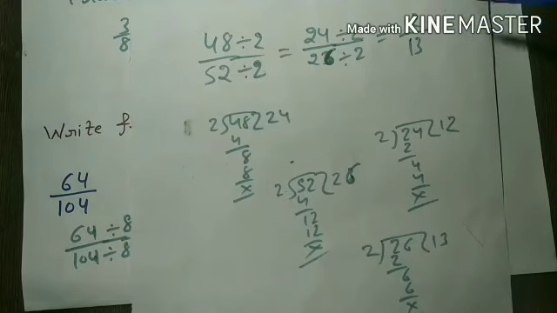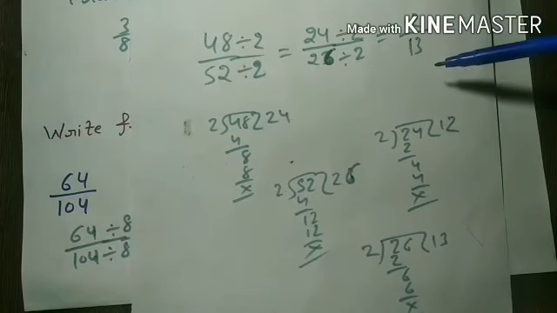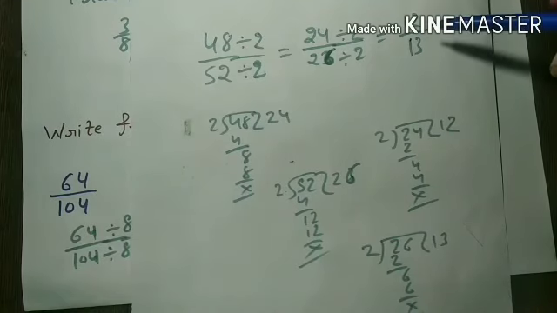Now 12 and 13. 13 is a prime number and 12 is an even number. Okay. So these are not divisible. Okay, this is the simplest form.